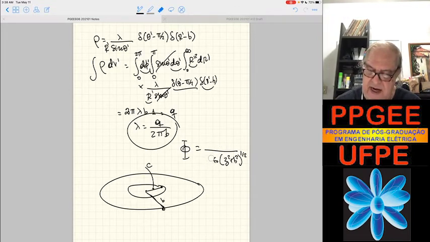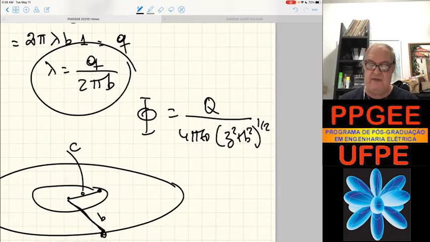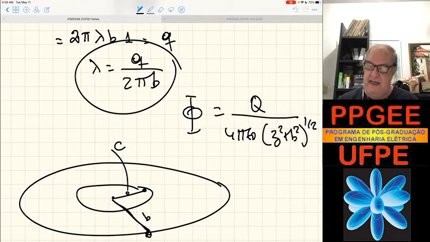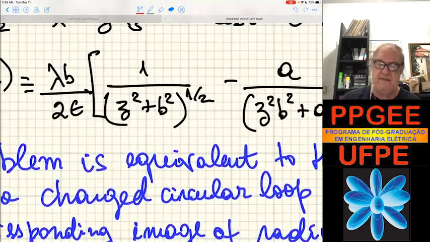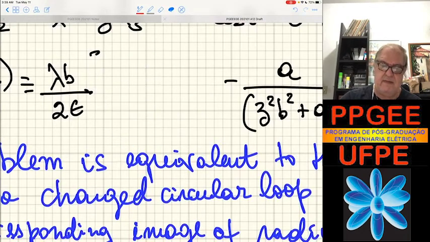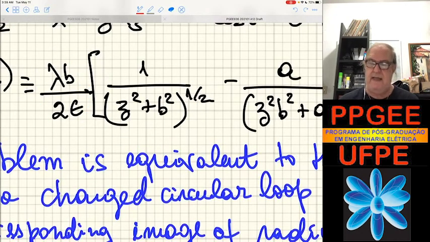It's the charge, as if all the charge was at the same point. This q equals lambda times 2 pi b, so the potential of the charged line equals lambda b over 2 epsilon 0 times the square root of z squared plus b squared, which is as we have in our result here. That's the first term, lambda b over 2 epsilon.